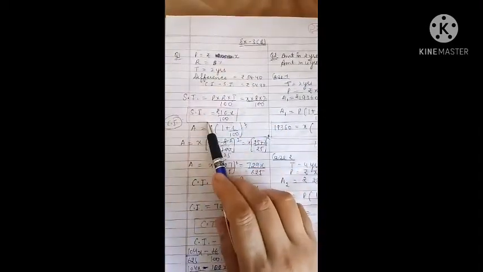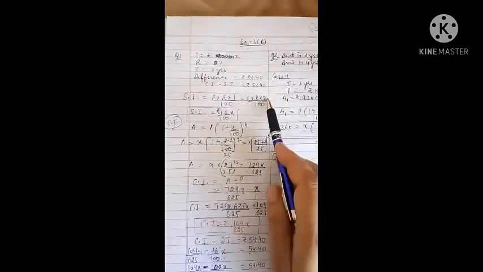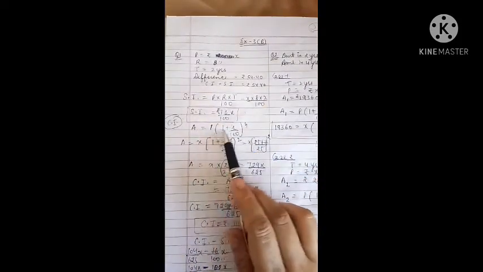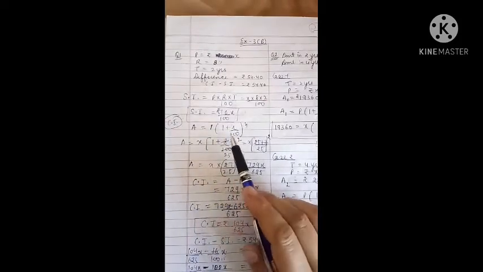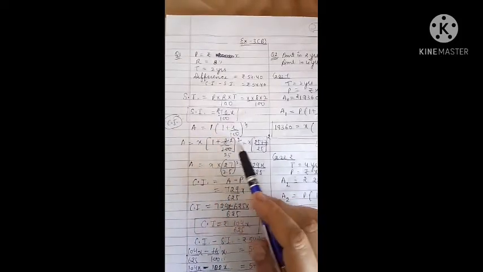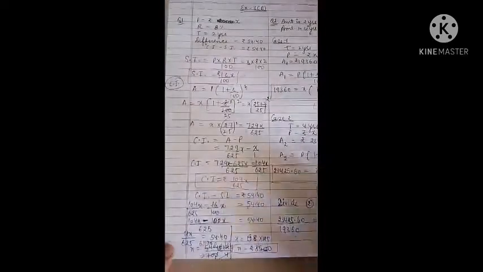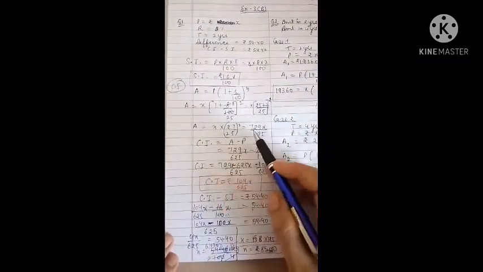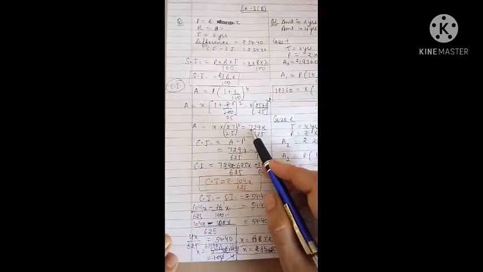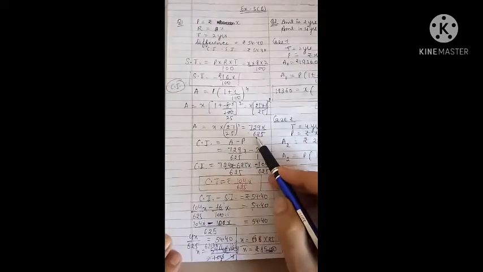Then apply the formula of simple interest and put the values. Then we can find first of all the amount. We put the value of principal x, rate, time period, and after solving we are getting amount as 729x divided by 625.